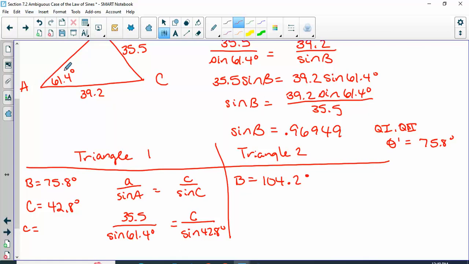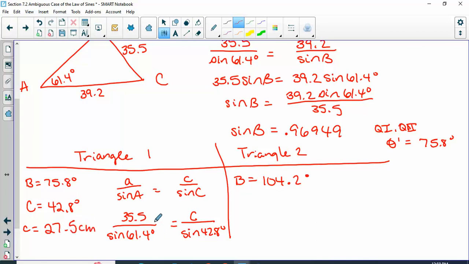We had one that we were given in the beginning, and then we found angle B. So 35.5 over sine of 61.4 times the sine of 42.8. And side C turns out to be 27.5 centimeters.